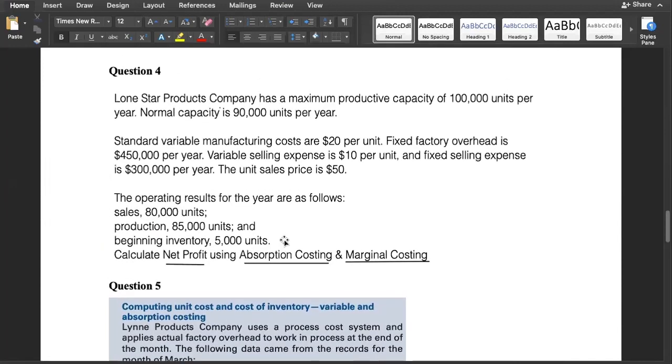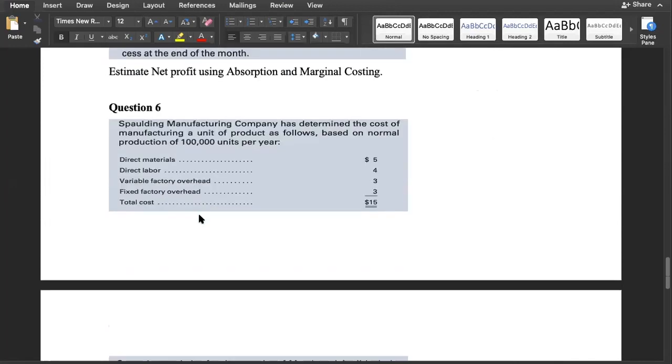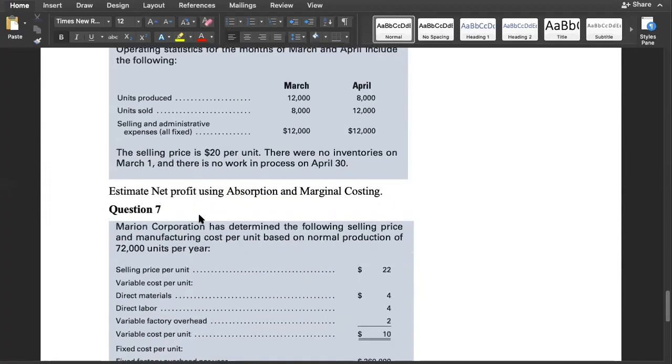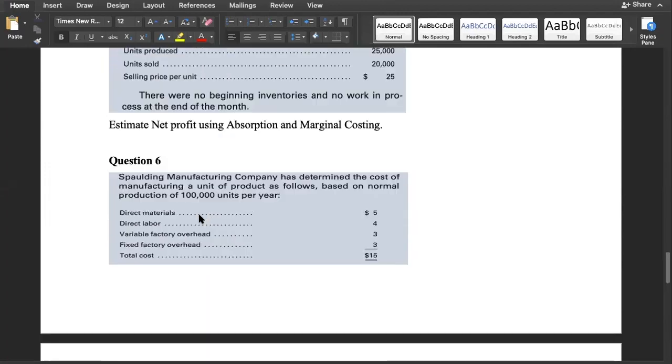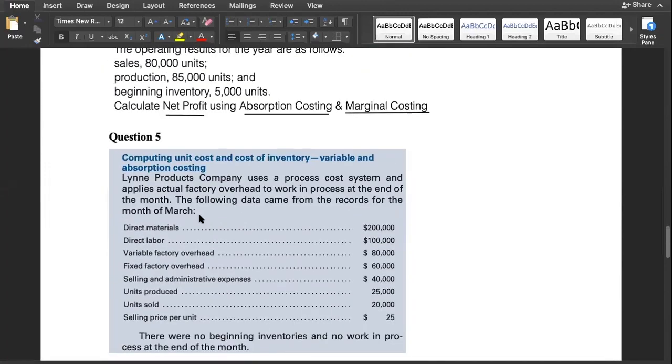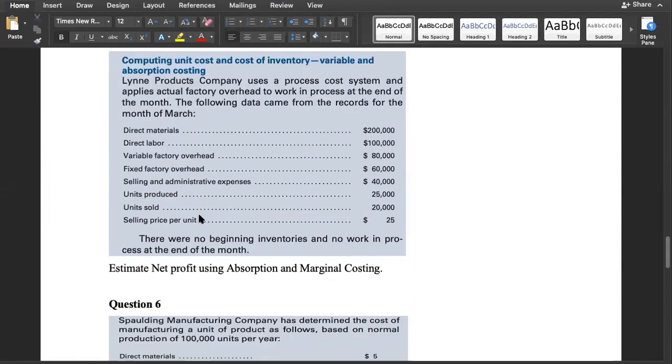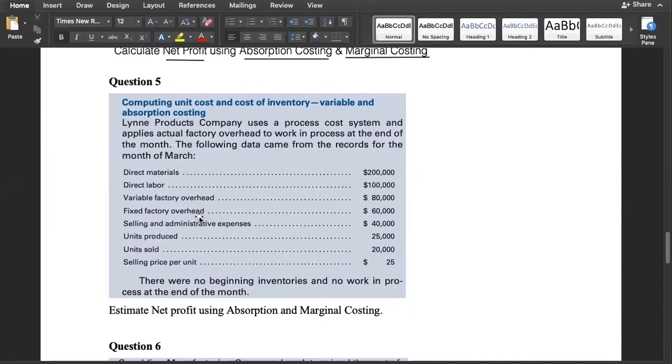Question 4 is finished. Question 5, 6, and 7. Let's start with question 5. You calculate net profit for question 5 using absorption costing, and then we will check the answer. So do it now.